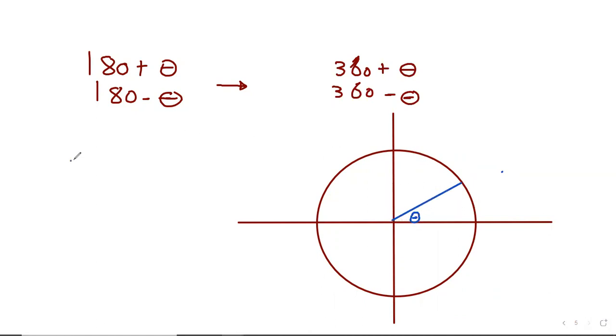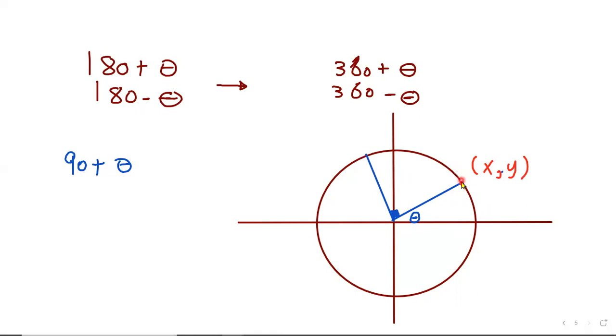What about the angle of size 90 plus theta? We add 90 to this angle, so this angle is going to be 90 plus theta. As you notice, this is the X and this is the Y, and they are the two coordinates of this point.